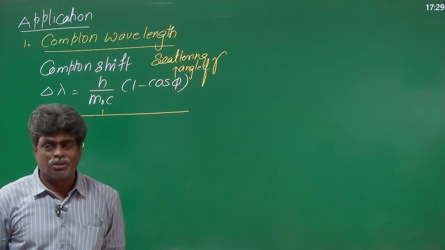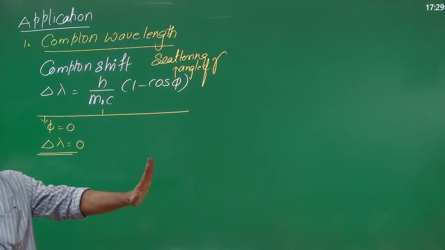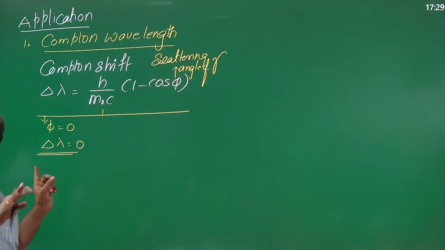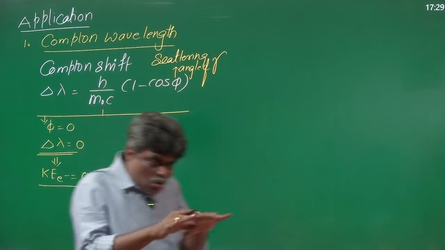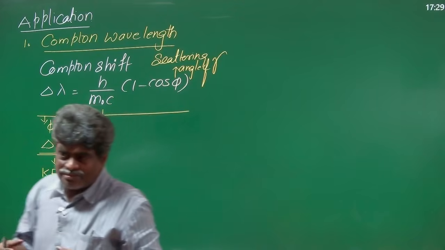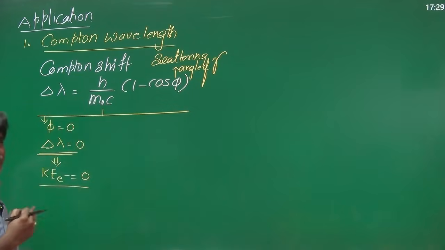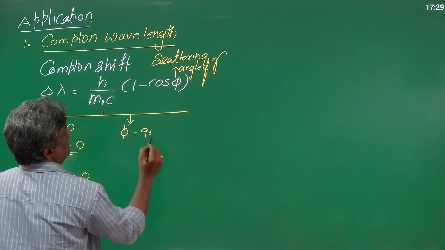No. Forward scattering: the electron won't gain any energy because there is no shift in the wavelength. The kinetic energy of the electron is 0, because there is no change in the incident photon energy or wavelength. Whatever the change is, that change is taken by the electron, but here there is no change. Clear? Next one, I am taking phi equal to 90 degrees.